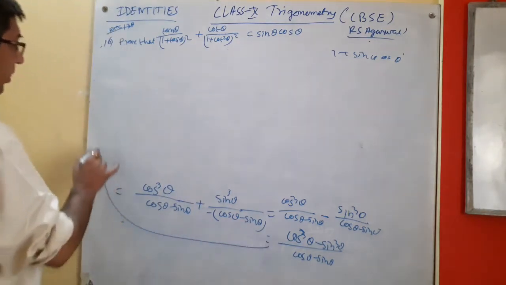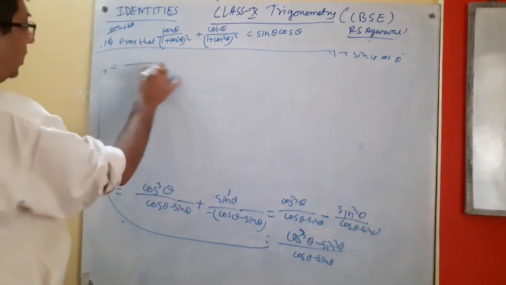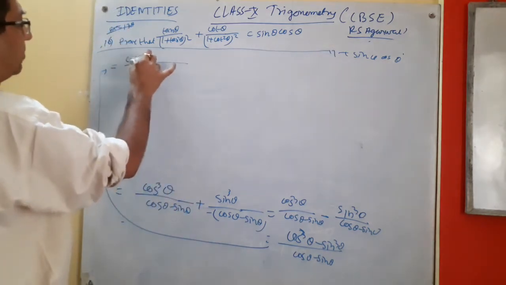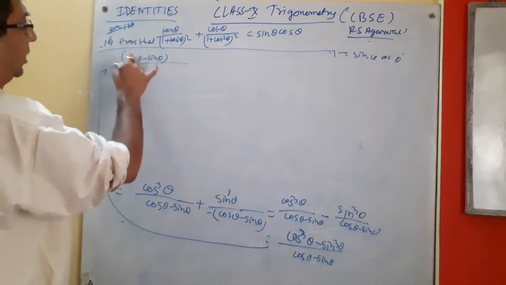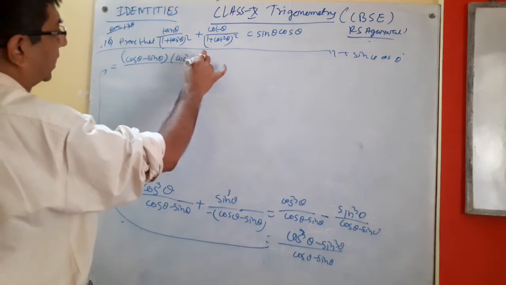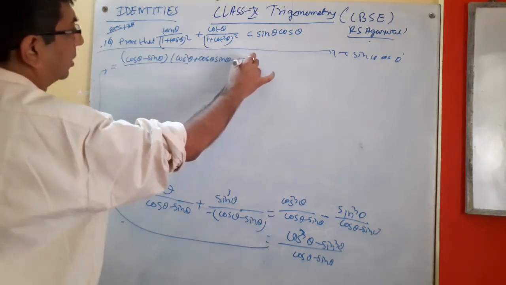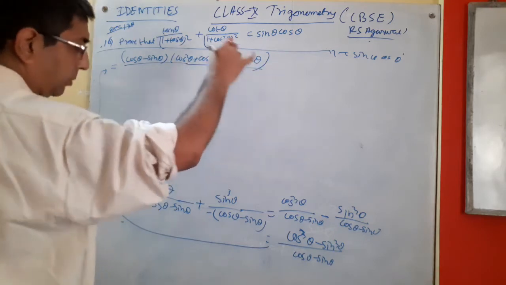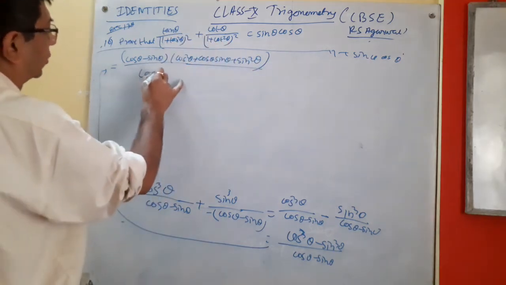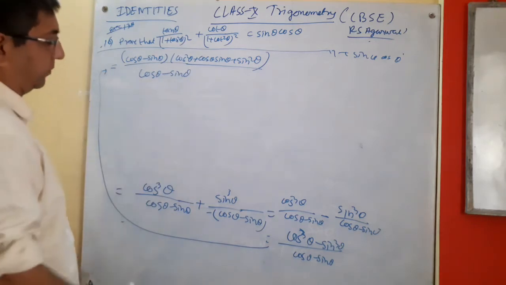So from here we are coming: a cube minus b cube means a minus b into a square plus ab plus b square, by cos theta minus sin theta, right? Cos theta minus sin theta.